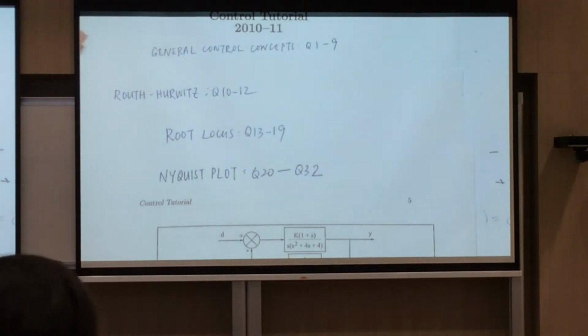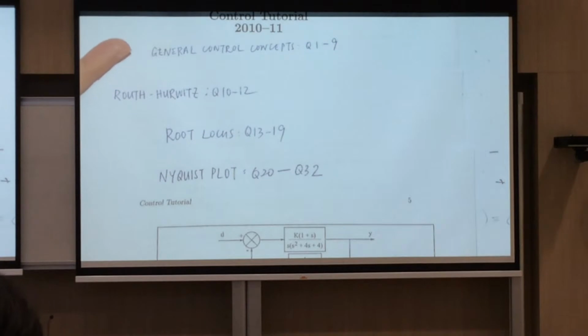For general control concepts, please make sure you know all your theorems and all your definitions. Make sure you know what is meant by poles, what is meant by zeros, what is the dominant pole, and what behavior you expect to see when you have poles at certain locations. We'll go through a little bit about that later.